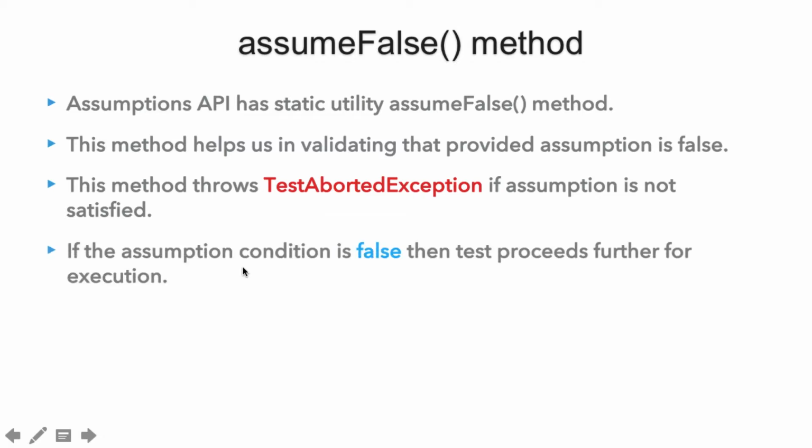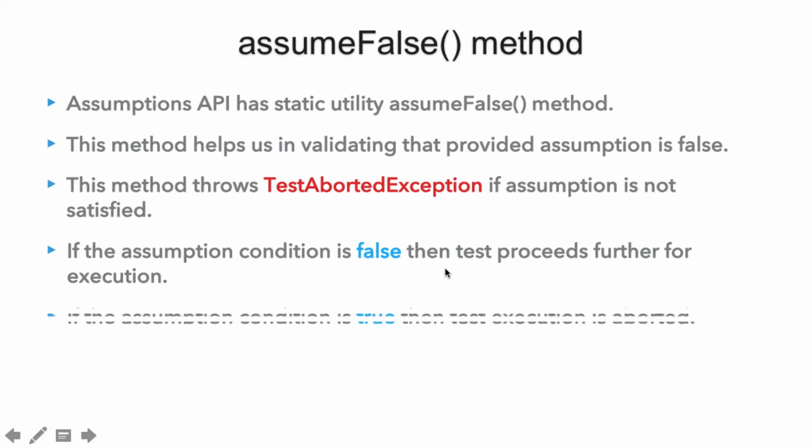As the method name suggests, whatever boolean condition we are providing, we are assuming it to be false. And if the condition is false, then our test proceeds further for execution. And if the assumption condition is true, then the test execution is aborted.